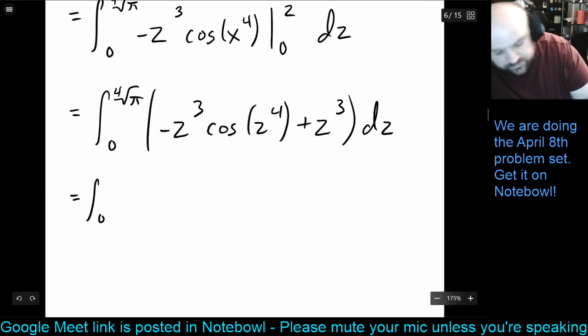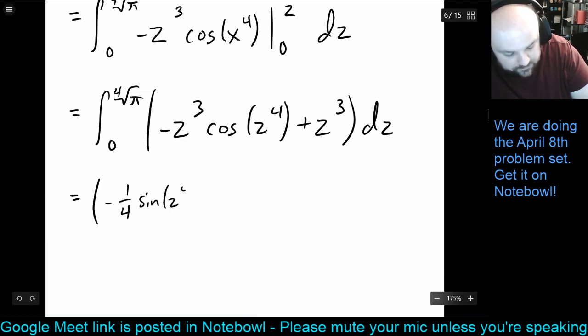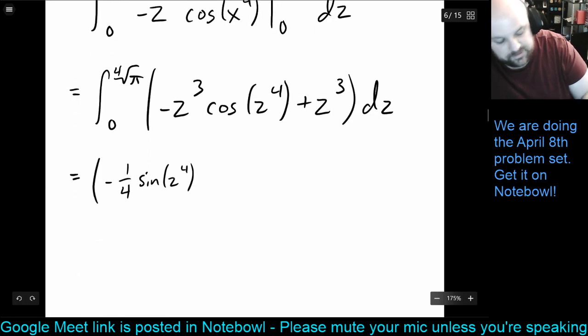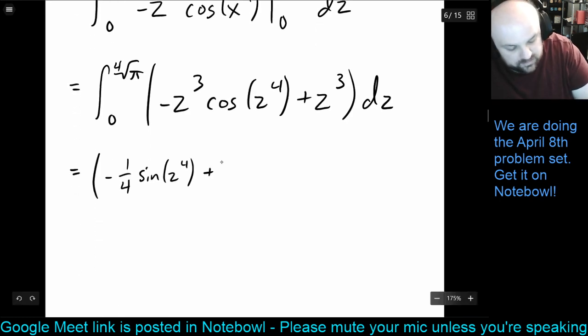So integrate this. This part is going to give us negative 1/4 sine of z to the fourth. Right, that's just a u substitution, just like the one we did up here for x. Here, this is 1/4 z to the fourth. And that's from 0 to the fourth root of pi.